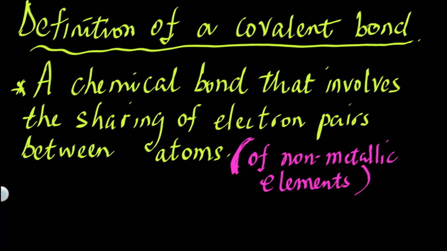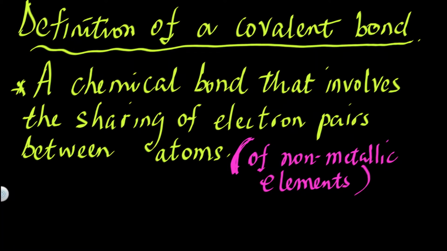There are a few exceptions where we encounter metals forming covalent bonds, but that is just a few exceptions. In the main, covalent bonding involves non-metallic elements.